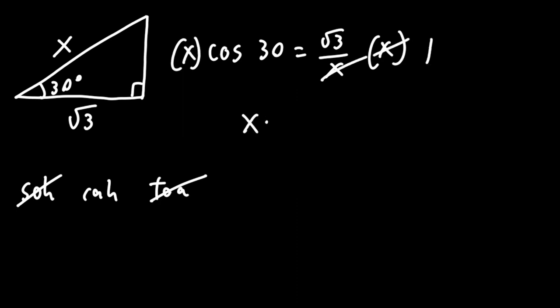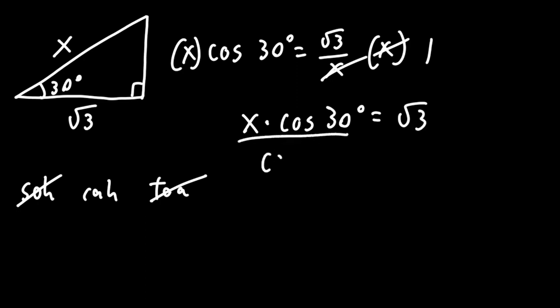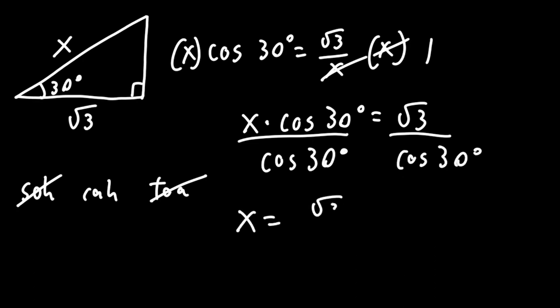Now we get x times cosine of 30 equals square root of 3. So then we can divide both sides by cosine of 30 degrees. X equals square root of 3 over cosine of 30.